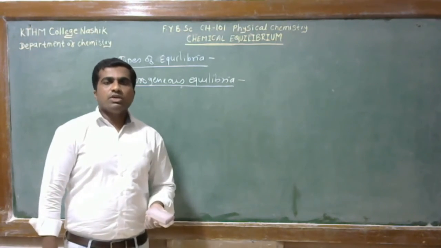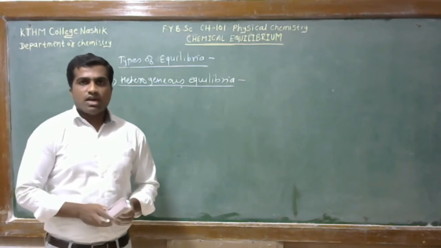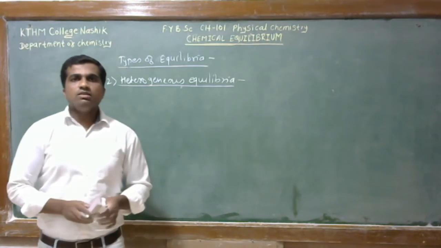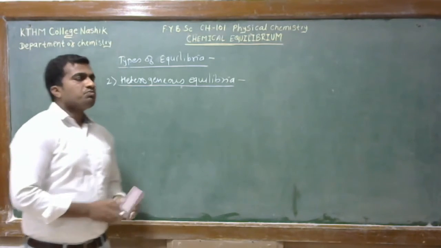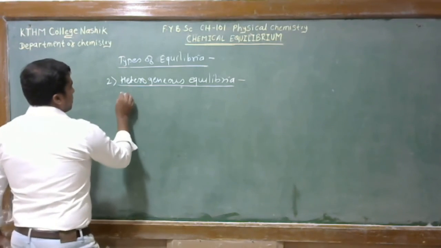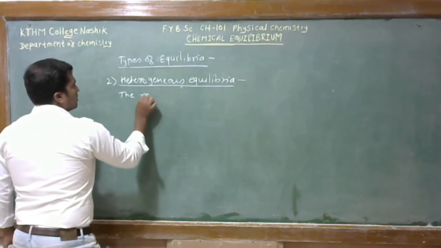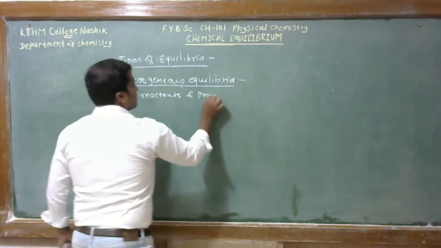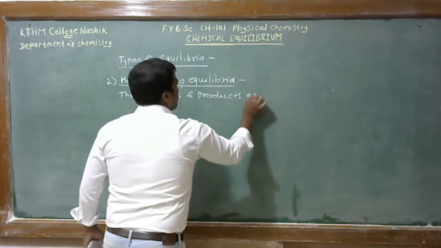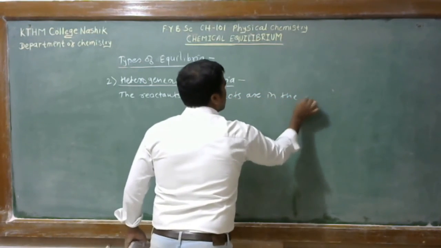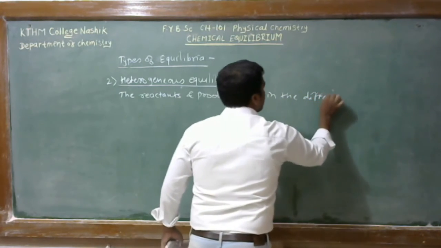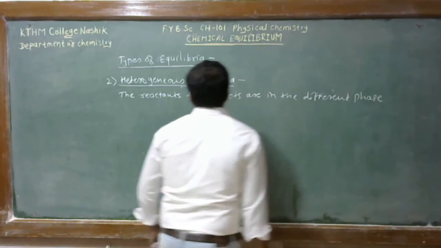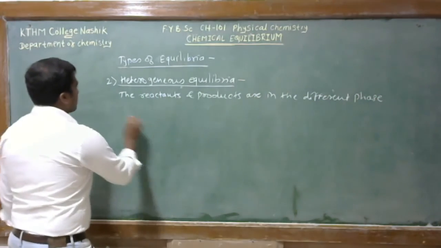In homogeneous equilibria, the reactants and products are in the same phase, but here the reactants and products are in different phases, known as heterogeneous equilibrium.